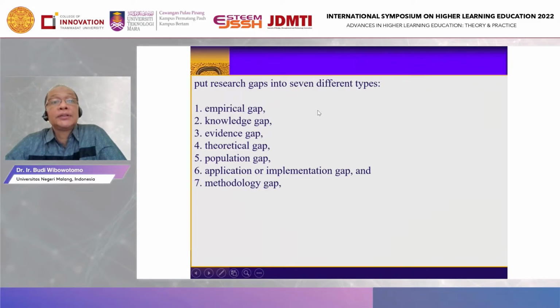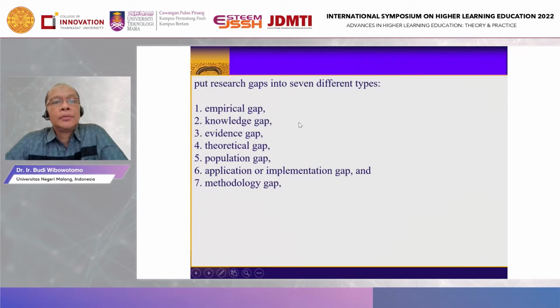Yes, so this is an example of empirical gap. So the purpose of empirical gap is just to find new data about a specific object of our research.